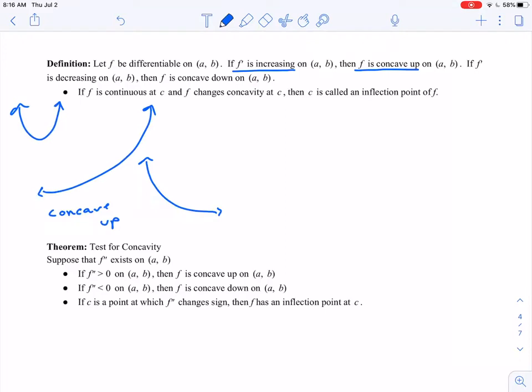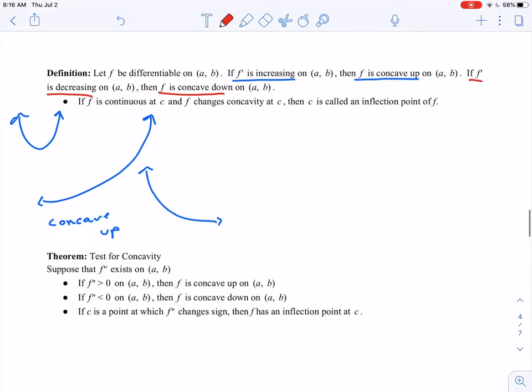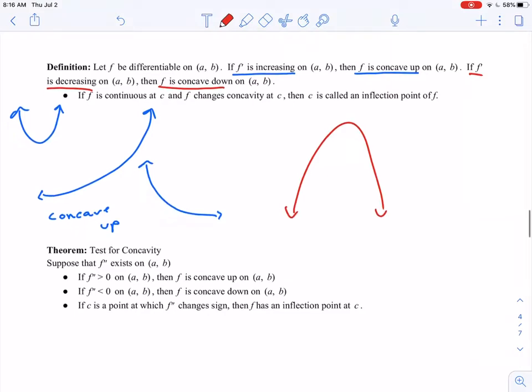And then similarly, if f prime is decreasing on that interval a to b, then we say that f is concave down on a to b. So again, we can draw a graph which is concave down. You can take that parabola and just flip it upside down. So here let's take the graph of, say, negative x squared, just to pick one.